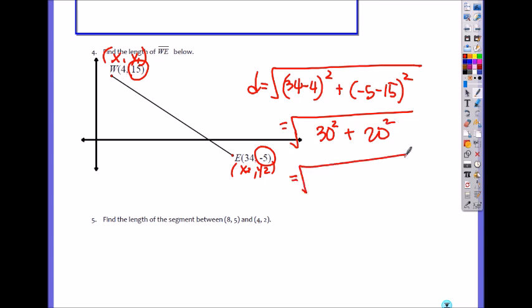So it becomes what? 900 plus 400, 1300. So what's the square root of 1300?